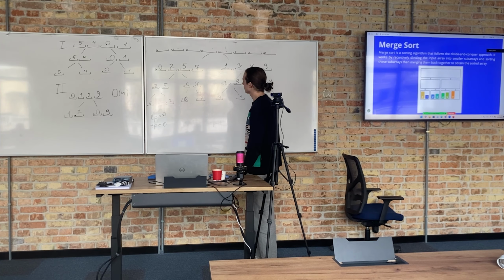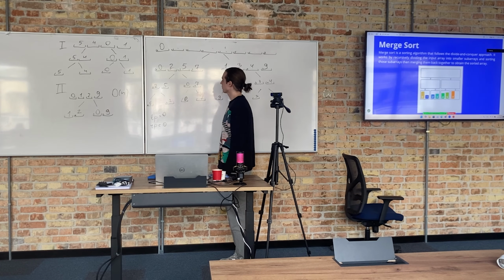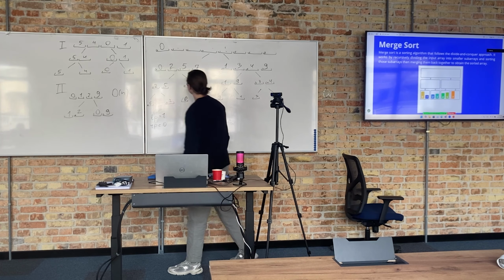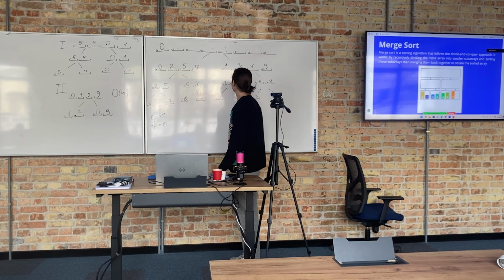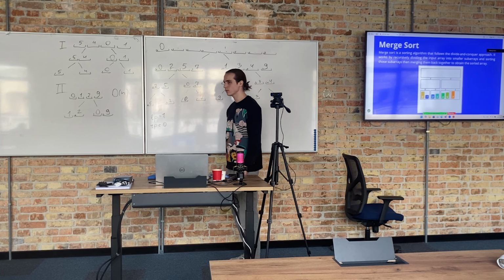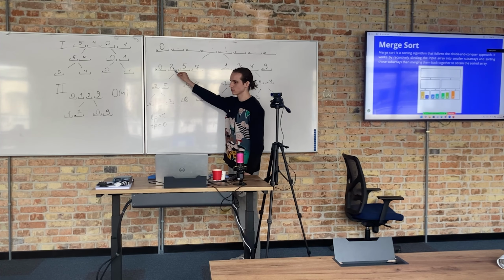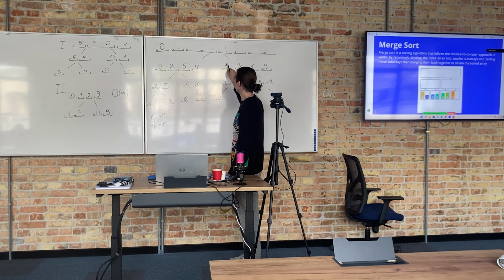Then what do we compare next? Why? Because we're comparing elements with indexes LP and RP. And our LP is 1, so this is 2, and RP is 0, so this is element 1.